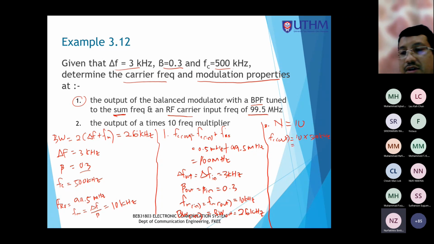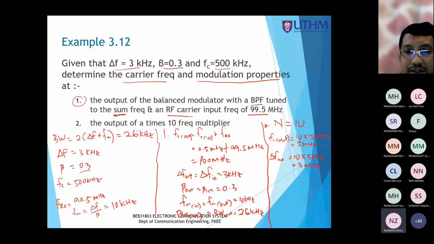So this is 5,000 kilohertz, so 5 megahertz. And then delta F out is equal to 10 times delta F, which is 3K. So 10 times 3 kilohertz, we have 30 kilohertz.